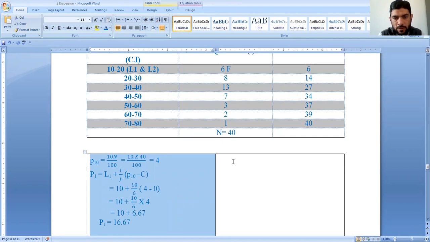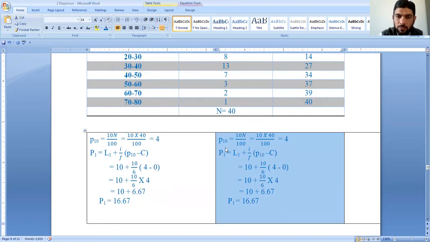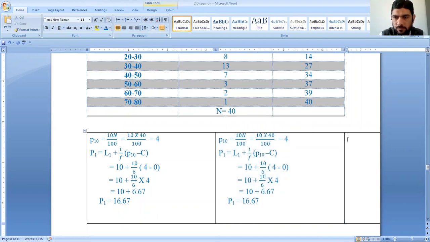In the same manner, we have to find out P90. I have just put the same values over here and will edit all these values. Now we have P90, and we have to multiply n by 90. Whatever P we have here, we can multiply the same value with the same number.